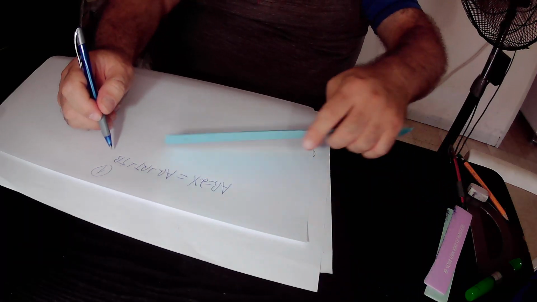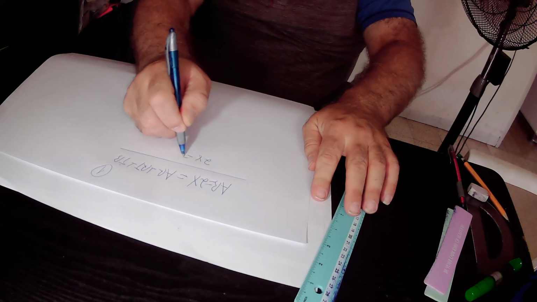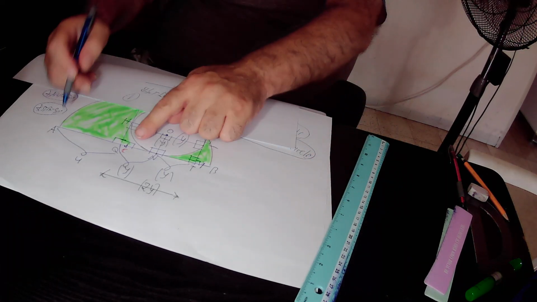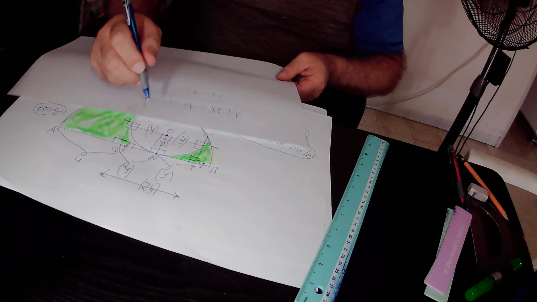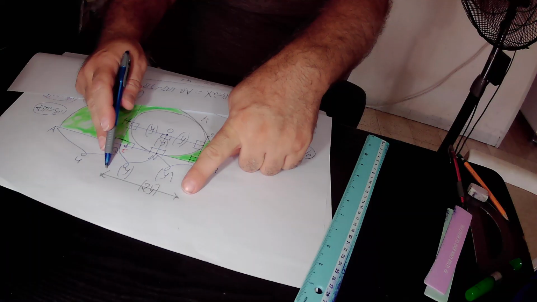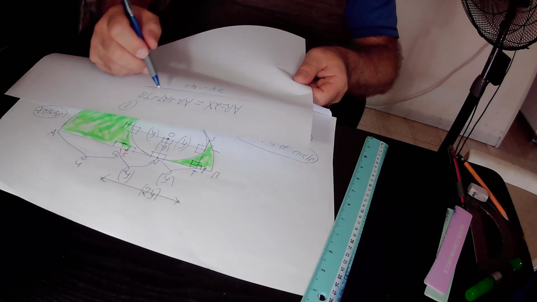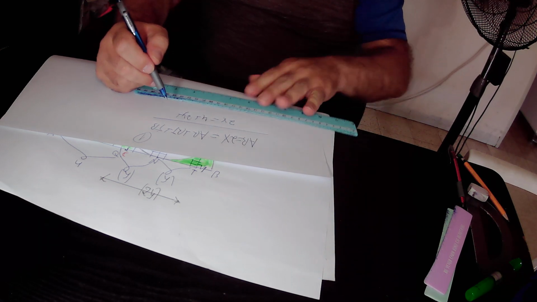So AB in total, or 2x, equals AQ, which is 4 according to what is given in the question, plus QT. We know that QT equals 2y, plus TB.